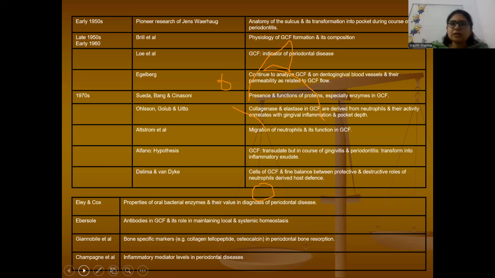Löe et al. introduced GCF as an indicator of periodontal disease. Egelberg continued to analyze gingiva and on into gingival blood vessels and their permeability as related to GCF flow.